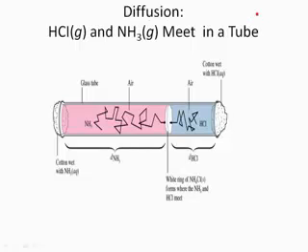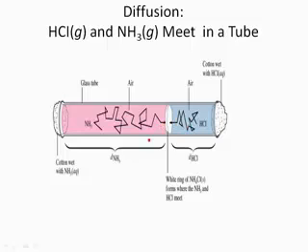And then here's a pictorial example of diffusion. This is a pretty classic experiment where I have a cotton swab saturated with hydrochloric acid and another cotton swab saturated with ammonia. I put them at opposite ends of a tube. You see that we have random motion of the hydrochloric acid and random motion of the ammonia.